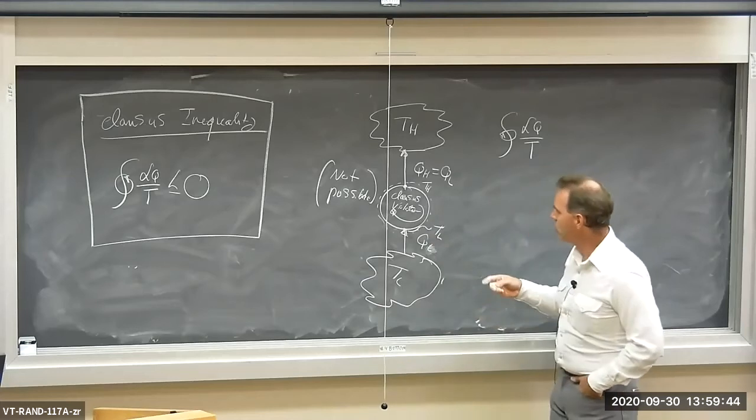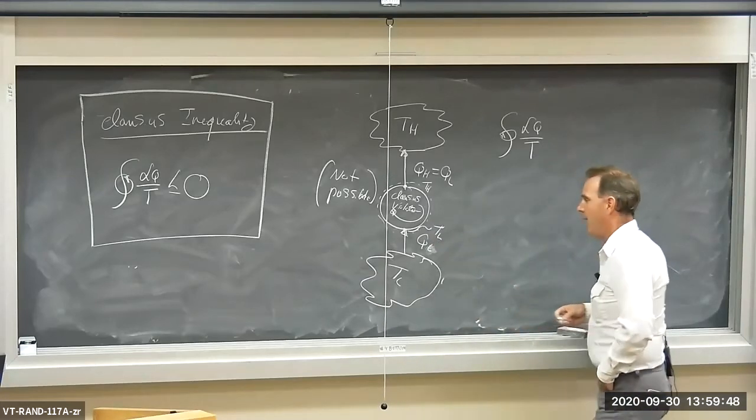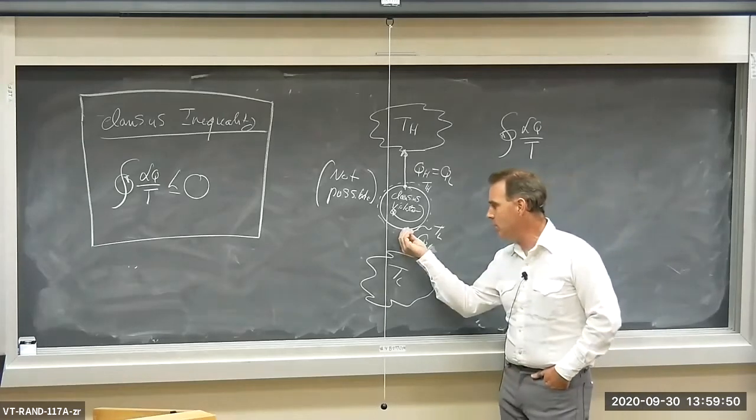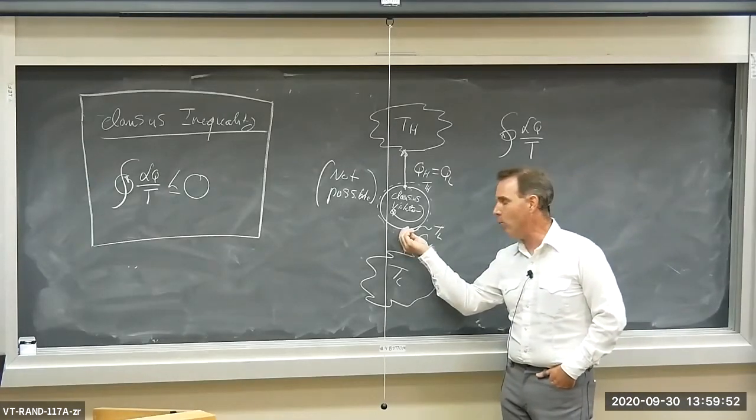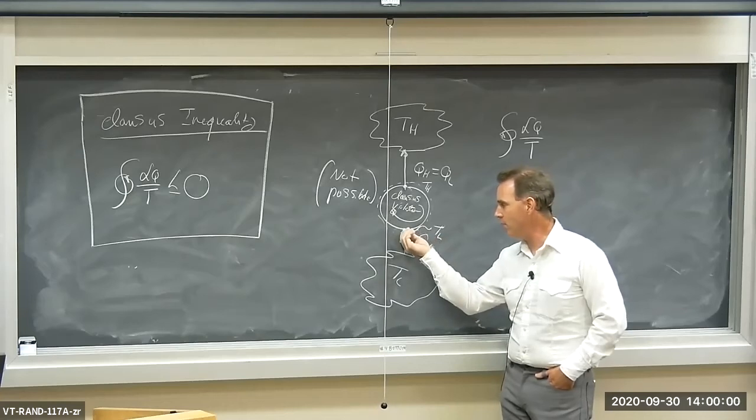Now this device receives heat from one place, the low temperature reservoir. And the temperature at which the heat is received is TL. This is what's called the interaction temperature. The temperature right here at the location where the heat flows into the Clausius violator. I put a thermometer right here and the temperature is TL.